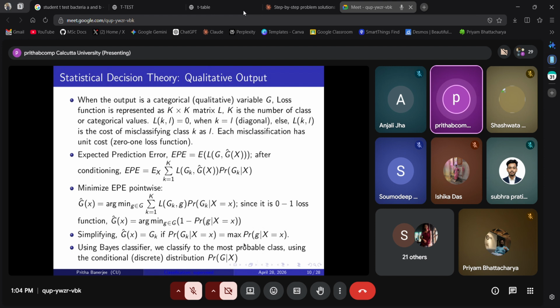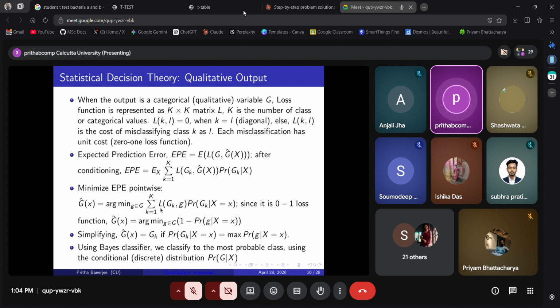Among all these, whatever is the maximum probability, you assign the class of that particular entry X to this particular class Gk, where you have the maximum probability.